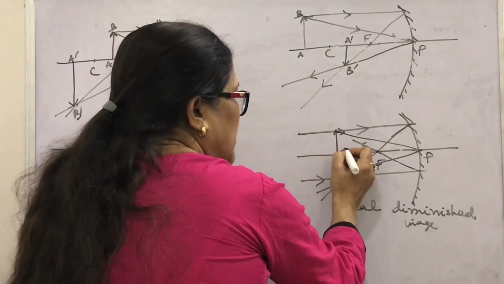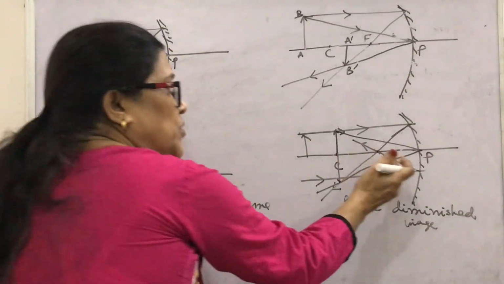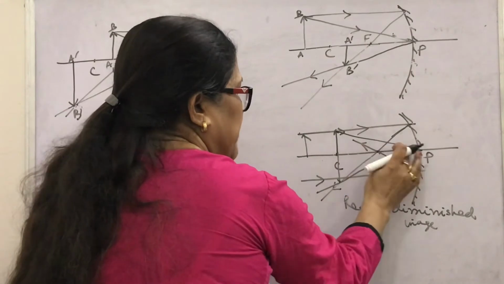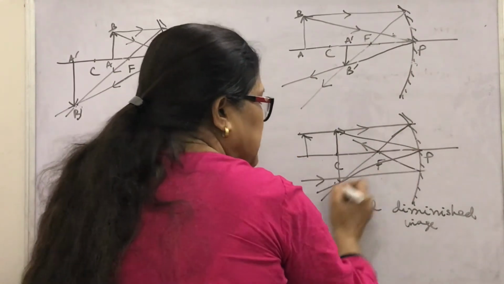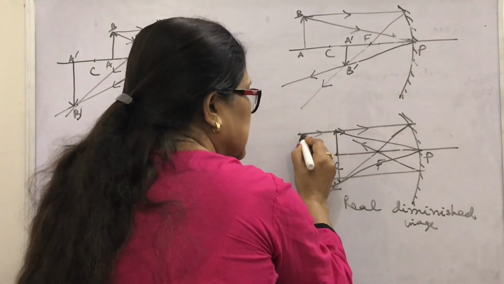If you shift the object here, making the object go away from the mirror, then what will happen? This ray will pass through the focus after reflection. This will be the incident ray in this second case.